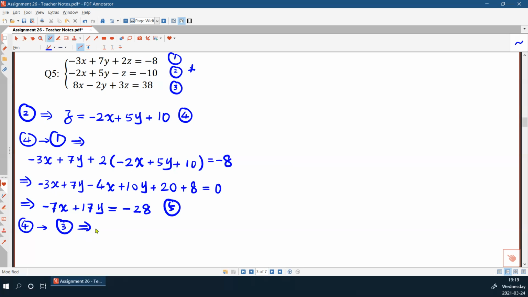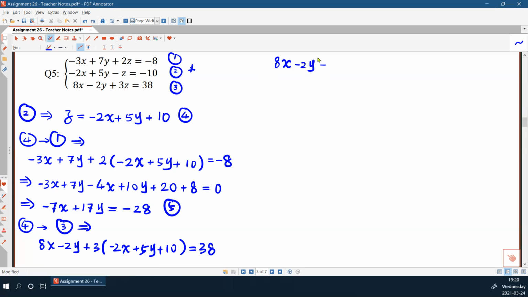So when you put it in equation 3, you will get 8x minus 2y plus 3z. 3z means 3 times minus 2x plus 5y plus 10, right? Okay, that means left-hand side equals 38. Okay, so let's then simplify this equation. 8x minus 2y.